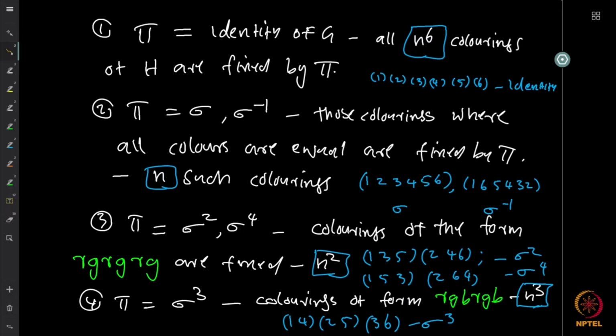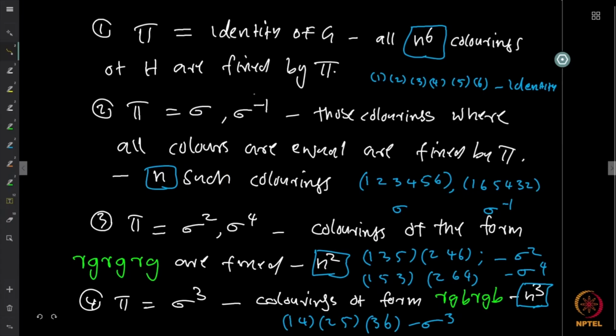If I want these two colorings to be the same, I want the colors at each of the vertices to be the same. Now, if each vertex gets the same color, then since I have n colors, I have n different colorings possible, where all the vertices get the same color. So sigma gives exactly n such colorings.